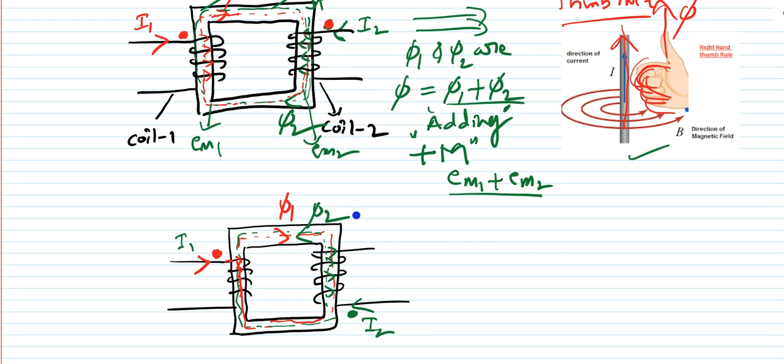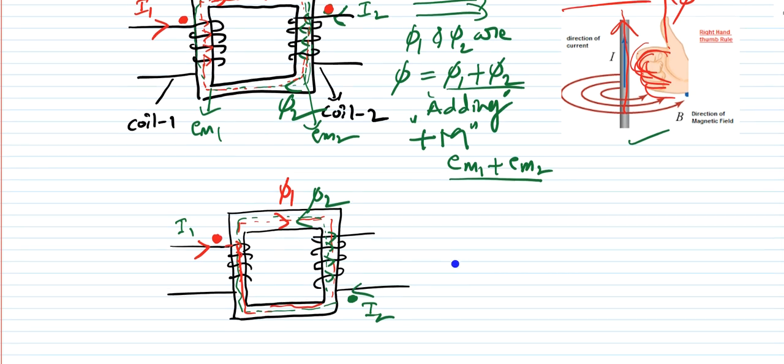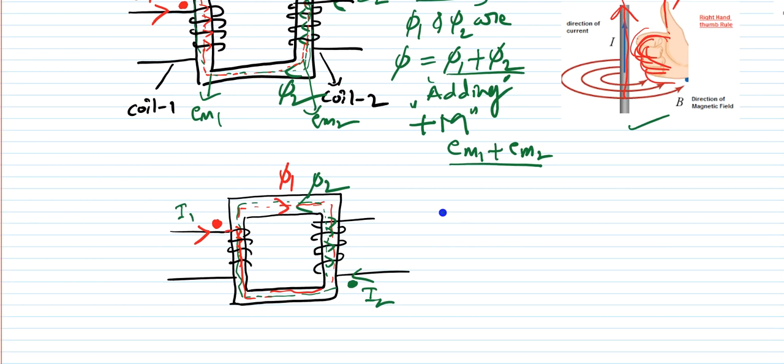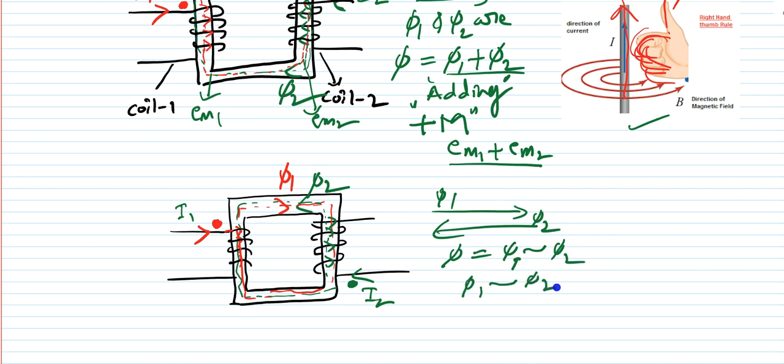So if the dot convention is changed in this way, then my phi 1 is going in this direction and my phi 2 is going in this direction. Therefore these two are opposing each other. The net flux is the difference of these two, isn't it? So I can say phi 1 minus phi 2.